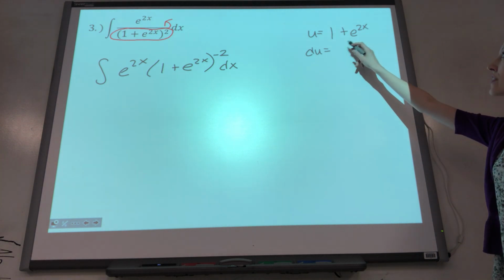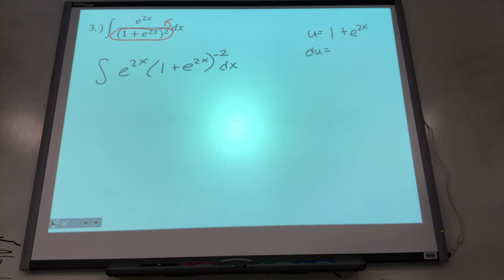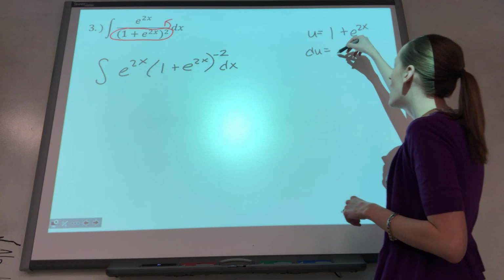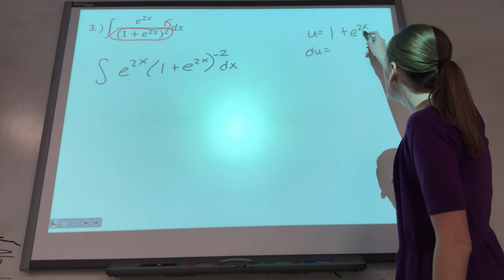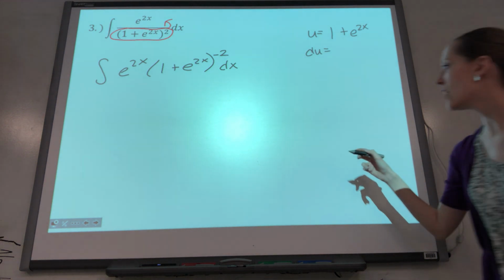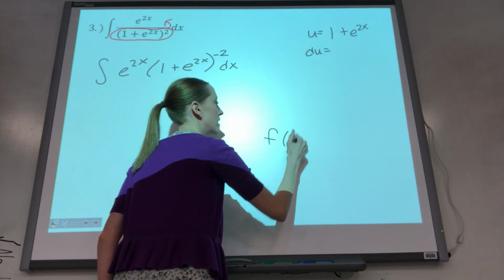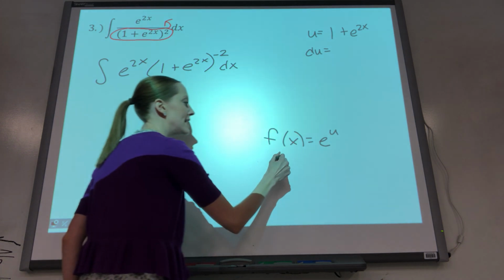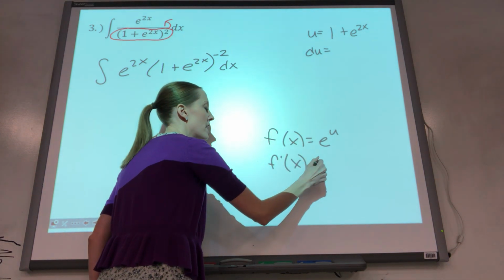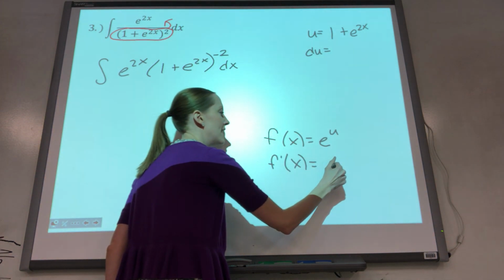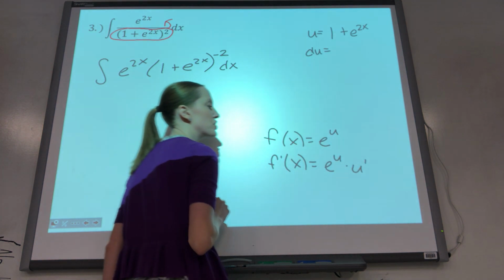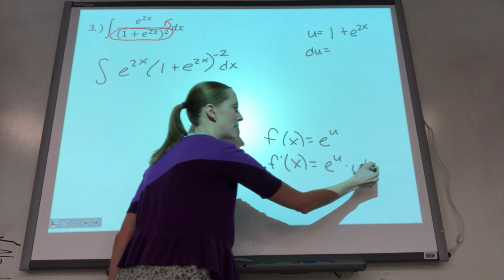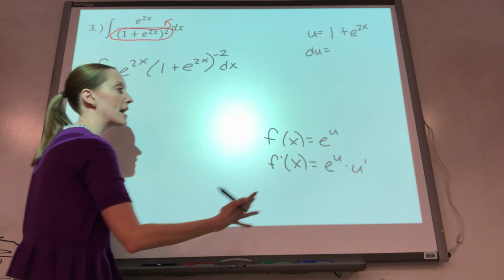Now, to take the derivative of this, we've got to switch gears. We're doing derivatives now. The derivative of 1 is 0. The derivative of e to the 2x, from a long time ago, you've got this somewhere in your notes: if you have e to the u, the derivative of that is e to the u times the derivative of u, which I just wrote as u prime.